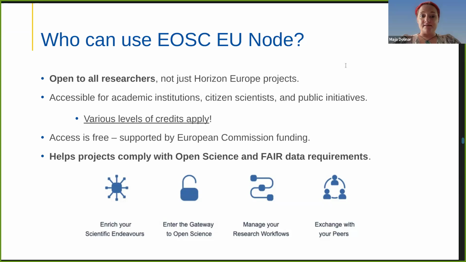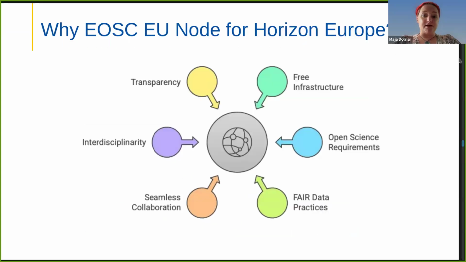So why the EOSC EU Node for Horizon Europe? As we have heard, Horizon Europe places a strong emphasis on open science, and the EOSC EU Node provides the necessary infrastructure to support this. It simplifies compliance with the European Commission's requirements, enhances transparency, and improves the overall impact of research.